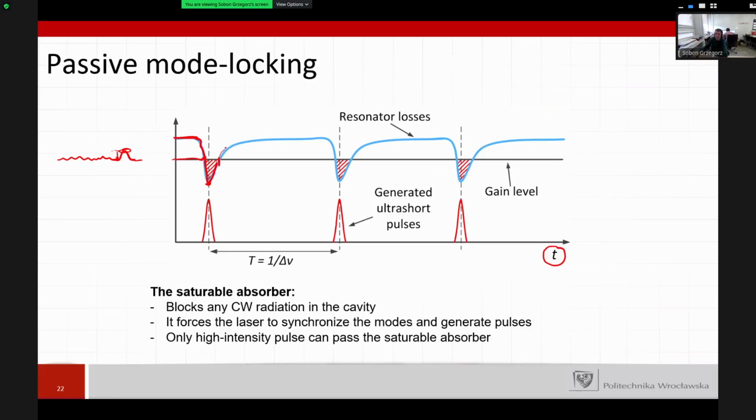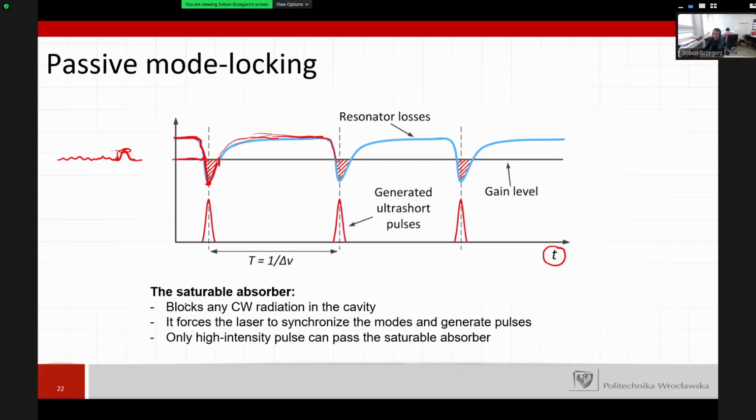And then we have some kind of regeneration, some time where the saturable absorber gets back to its initial state, so it blocks again all the radiation that is present in the resonator, and then again we have a pulse. So this is a repetitive process.